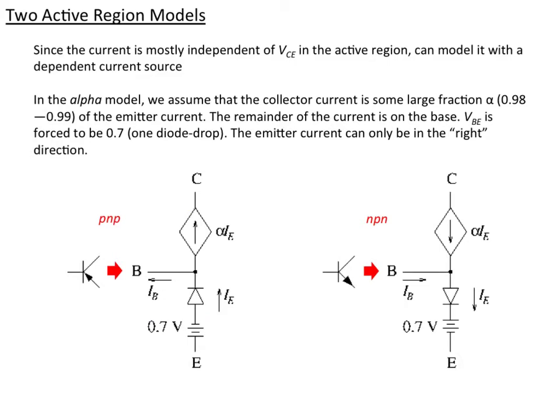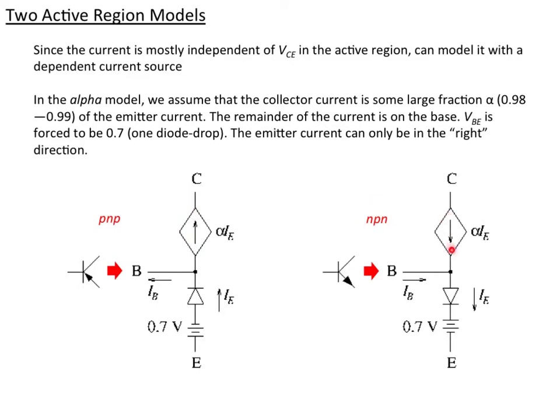But in this case, we can change the current with the base current, so it's a dependent current source, which I've drawn here, and the direction of that current depends on whether it's an NPN or a PNP, as I've shown. So in a PNP, the current flows out of the collector.